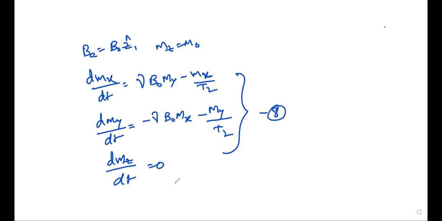Then we get M cross B as the determinant of i j k, Mx My Mz, 0 0 B0.